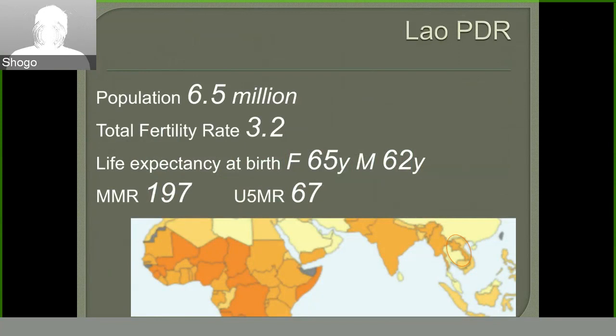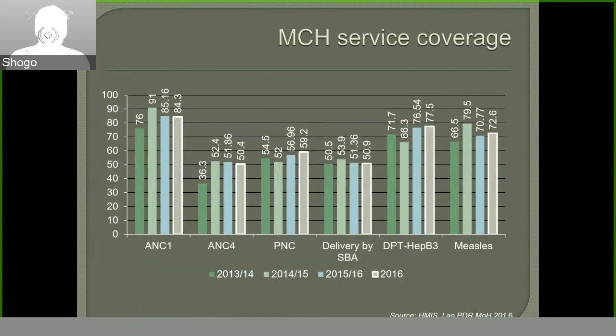Next slide, please. The next slide is the MCH related service coverage. Even though ANC1 is 84%, you can see ANC4, PNC, delivery by SBA, and also health facility delivery are all around the 50s, and EPI, as you see, is 70.